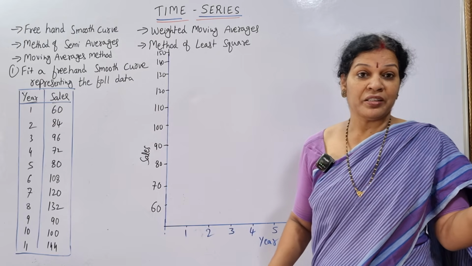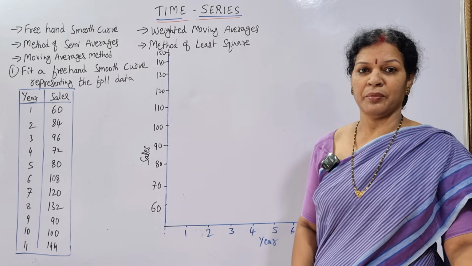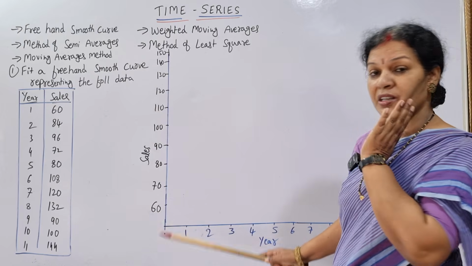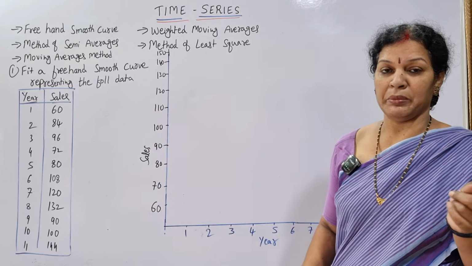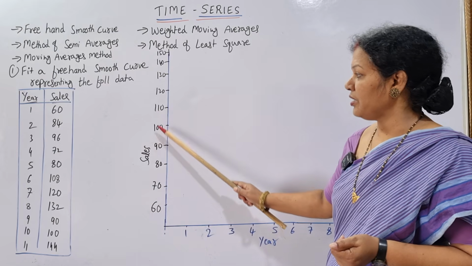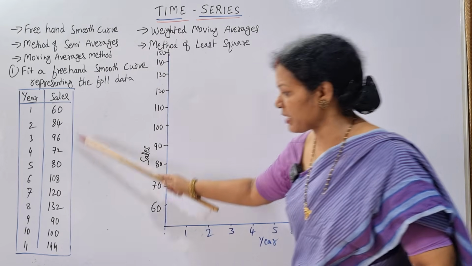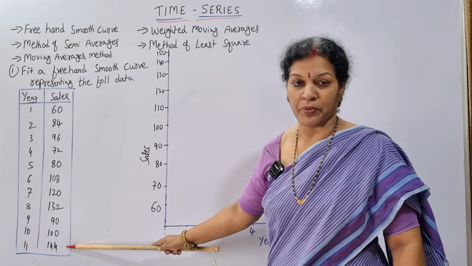You can also take 20, 40, 60, like this. Right now I am taking a class interval of 10. Minimum number is 60, so I have started: 60, 70, 80, 90, 100, 110, 120, 130, 140, 150, till 150, because the maximum number is 144.